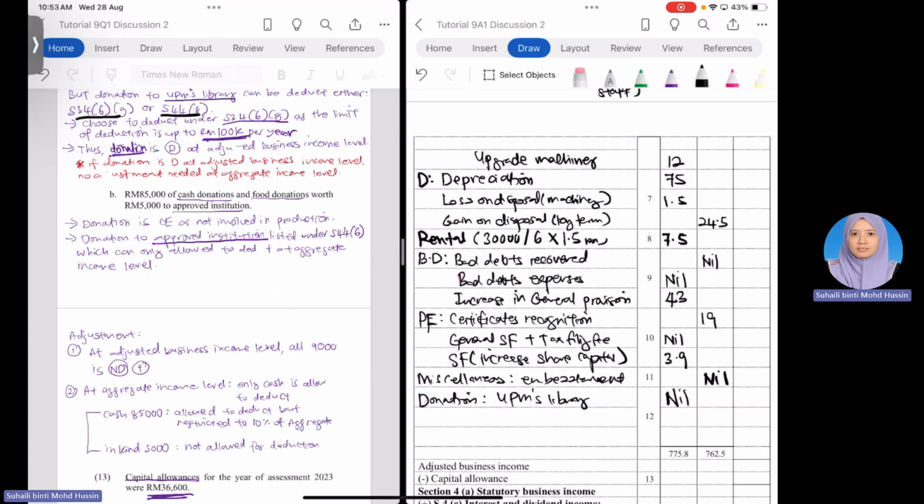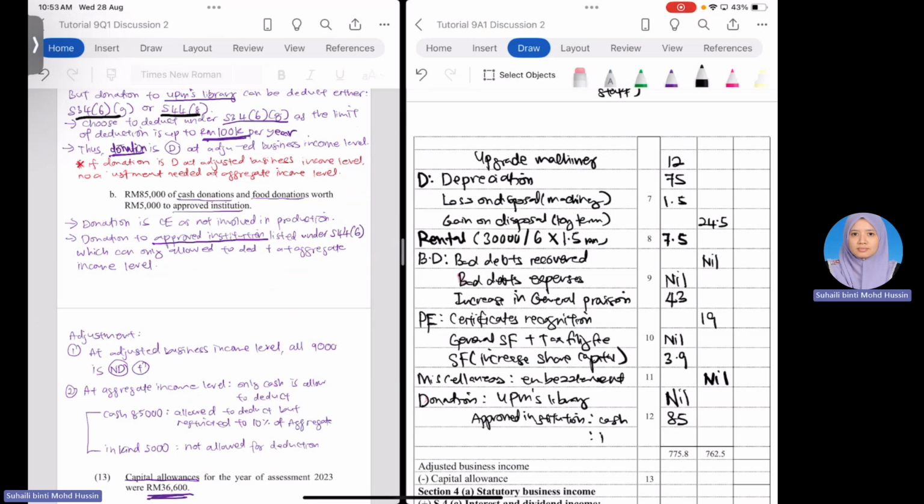So, donation to the approved institution, you can deduct both types, cash and in kind. Food donation is an in-kind donation. Cash donation at the adjusted business income level is not allowed for deduction, so we have to add back the amount.